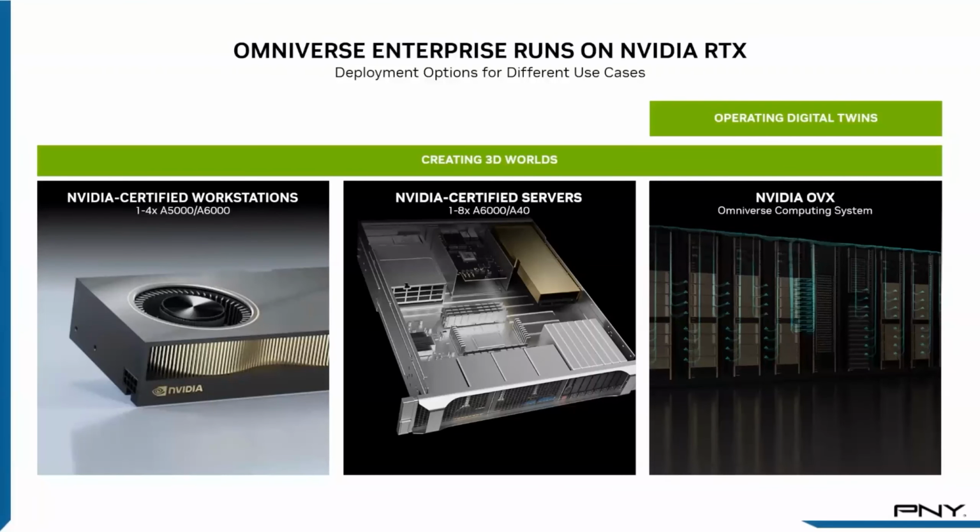Omniverse Enterprise runs on any NVIDIA RTX class GPU. We recommend at least an A4000 or higher. Depending on the team or user's workflow and dataset, for design, collaboration, and simulation workflows, it could be a workstation or a server, or multiple servers combined with GPU virtualization.